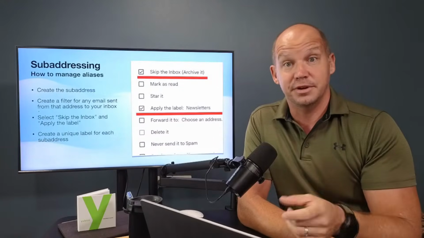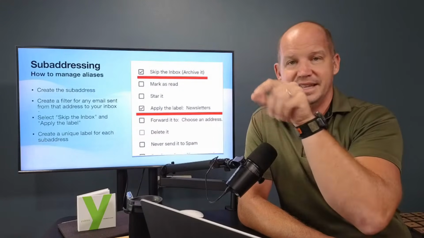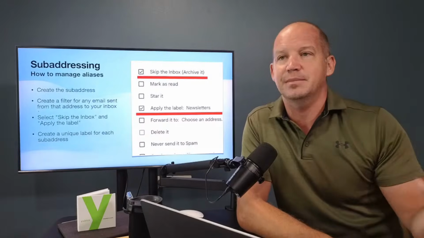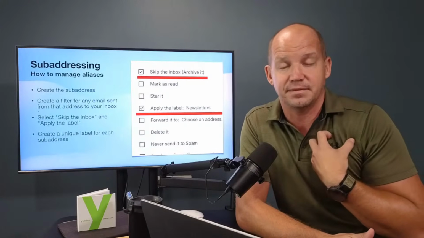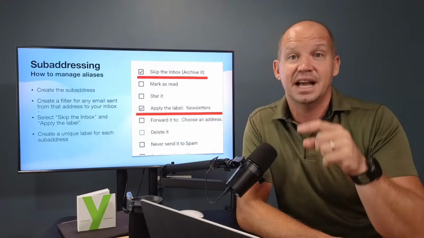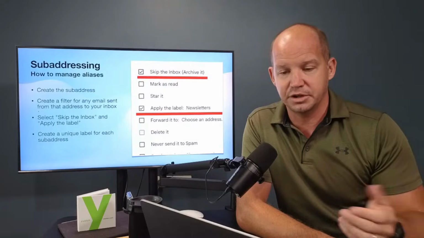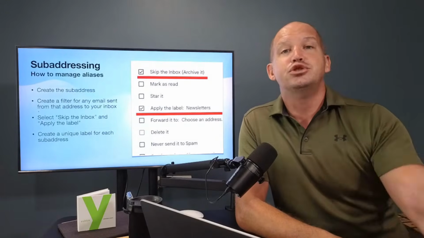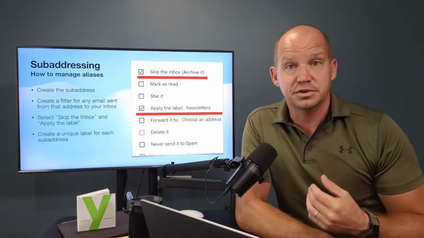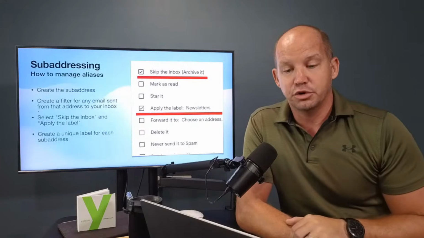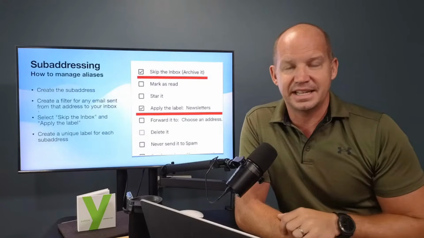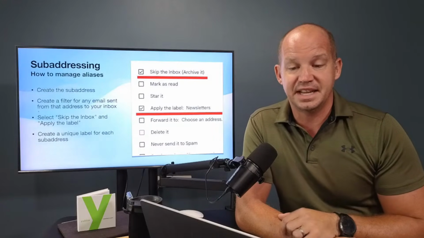You can create that sub address, your name plus, and then I would generally put the name of the brand. Let's say you're signing up for something on All Things Secured. Go ATS at gmail.com or whatever your email is. Then you go into Gmail and you create a filter. That's going to be up at the top. You're going to create a filter, or in the settings you can create a filter as well for any email sent from that address.